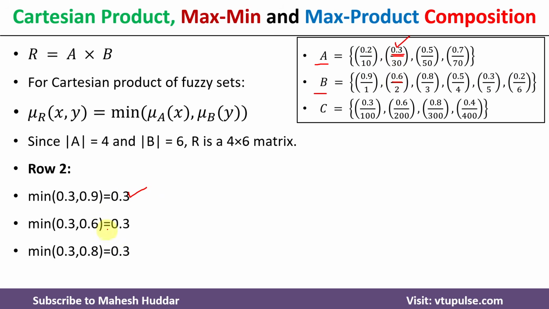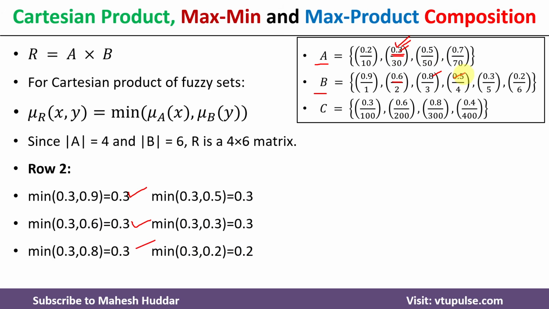Between these two values, the minimum value is 0.3. Next, I will compare 0.3 with 0.8. The minimum value is 0.3. Between 0.3 and 0.5, the minimum value is 0.3. Between 0.3 and 0.3, the minimum value is 0.3. And between 0.3 and 0.2, the minimum value is 0.2. That is what I have written here. So now we will get the second row value something like this.